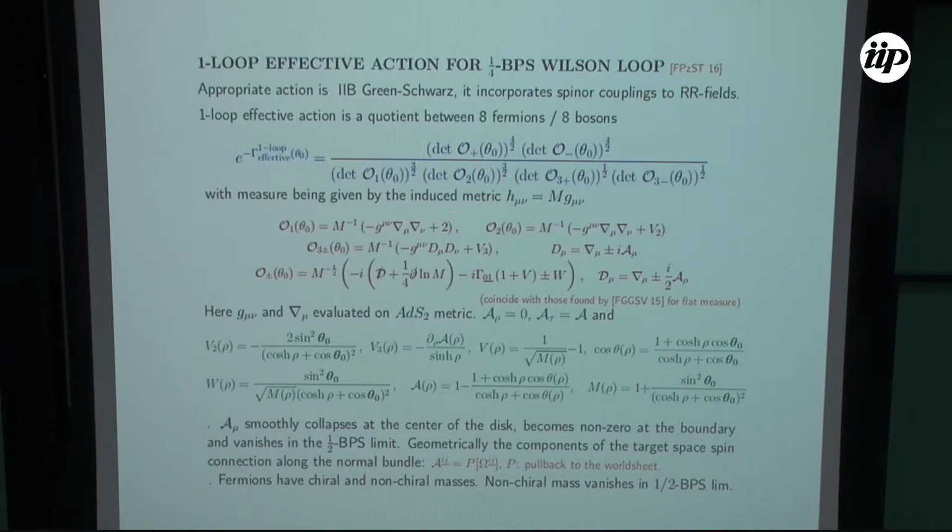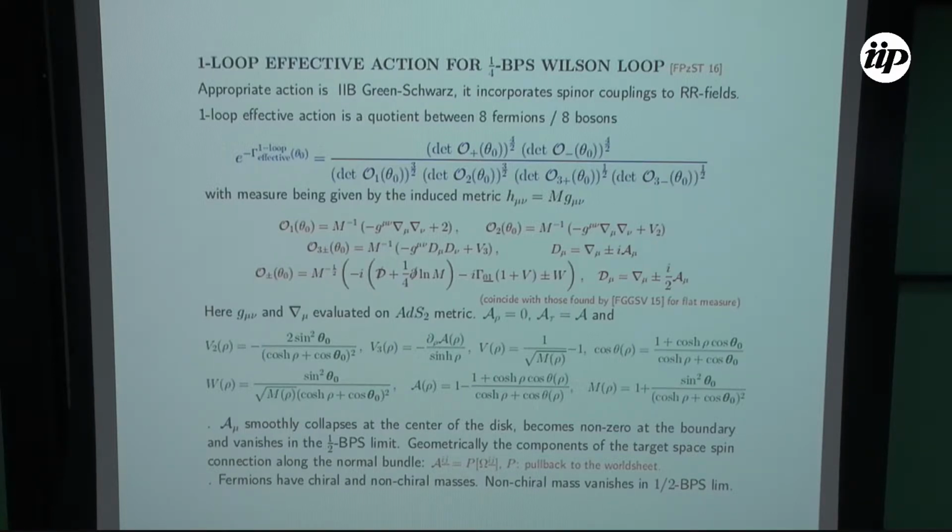You have constant masses for some of the scalars. Here you have non-trivial potentials. You find charged scalars. These A_mu's that appear in the covariant derivative are inherited from the spin connection in the normal bundle.